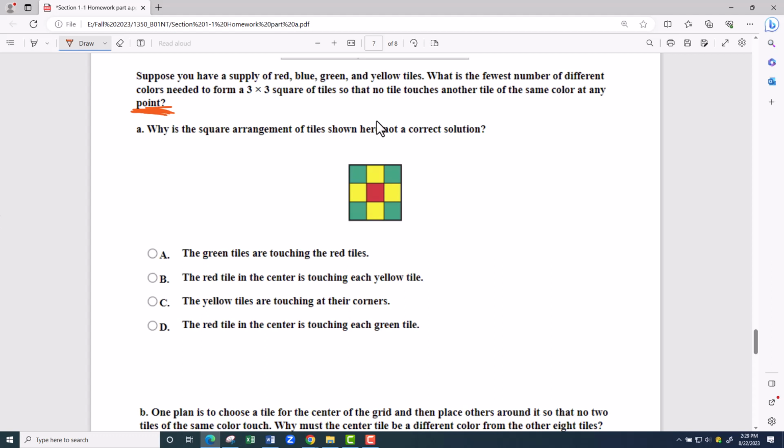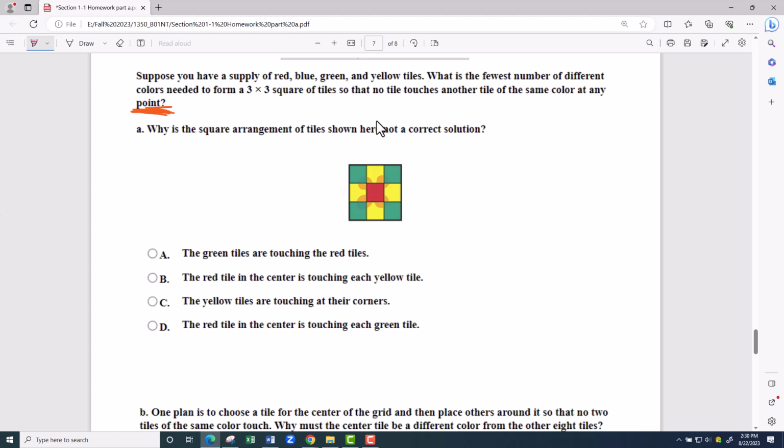So we have this possible arrangement, and it asks us why this square arrangement of tiles shown here is not a correct solution. Well, if you look at this and we take into account, notice that the yellow tiles are touching each other at those corners.